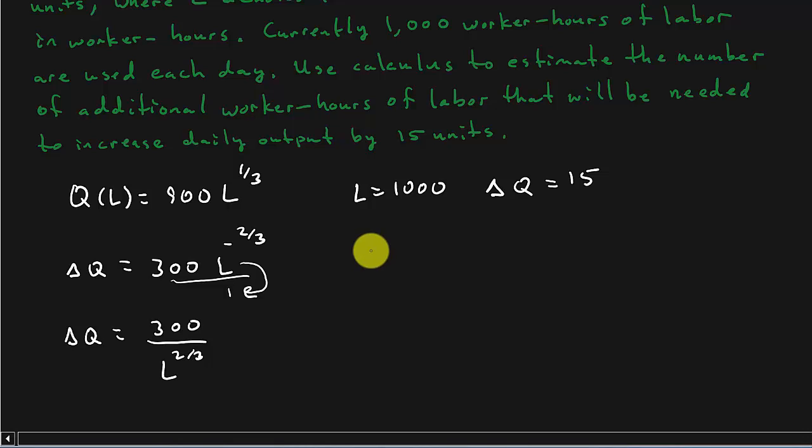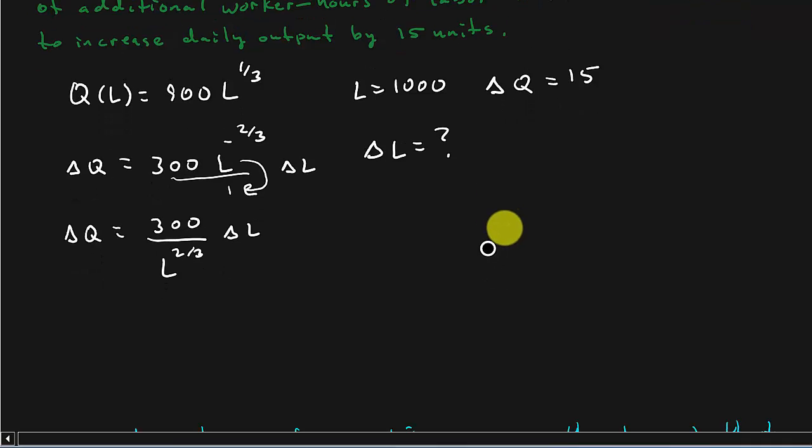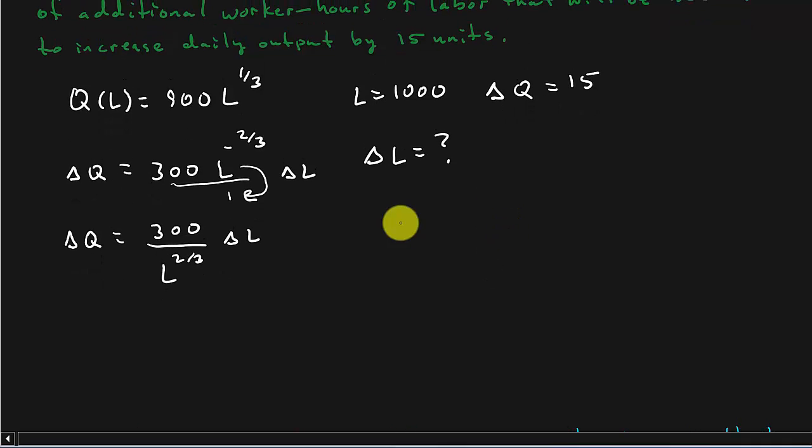Additional worker hours, so we're actually looking for delta L. Oh, I'm sorry, I forgot to multiply by delta L. So we've got 15 equals 300 over 1,000 to the 2/3 times delta L. Delta Q is 15, L is 1,000, so I plug all that in, and now I've got to solve for delta L.